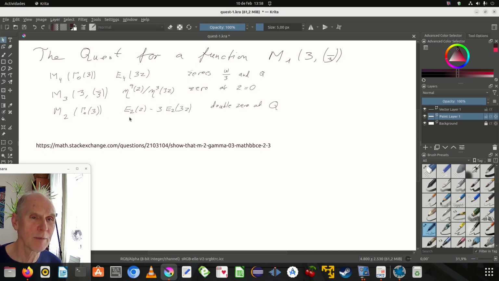This of course is one-dimensional because they must have a double root at Q, but the others here should be two-dimensional, or maybe this should be three-dimensional, really. We are missing some guys, but if we find one in M1, then we can create the rest recursively and probably make a full description of the spaces. So that was what I had today.